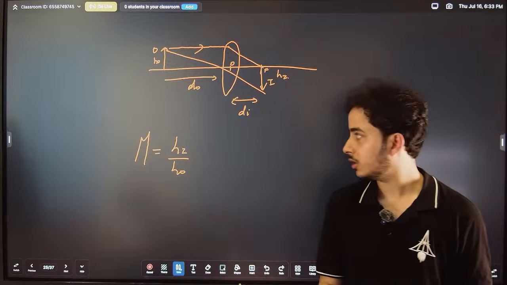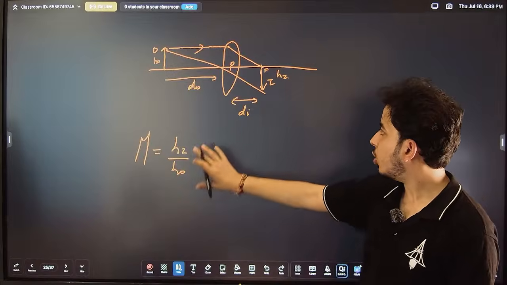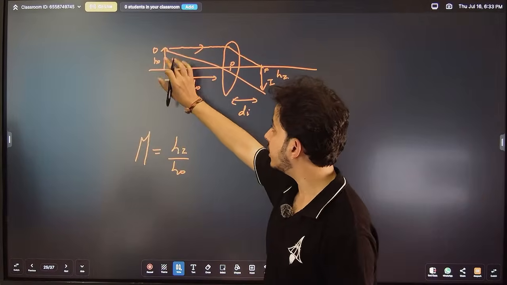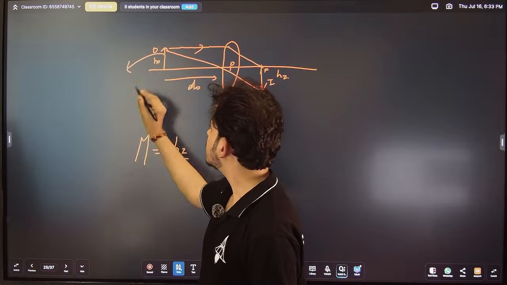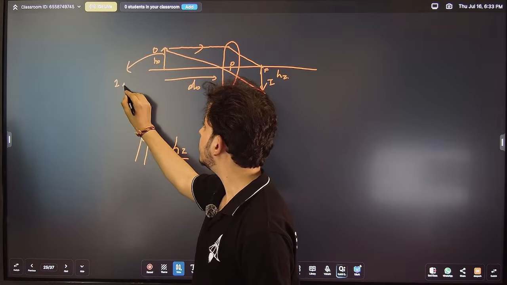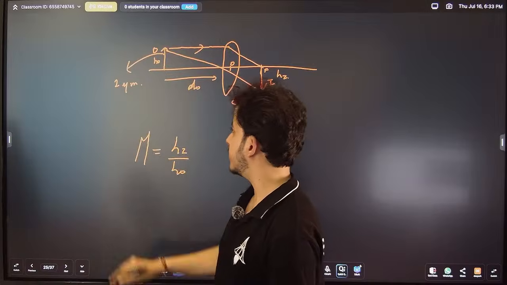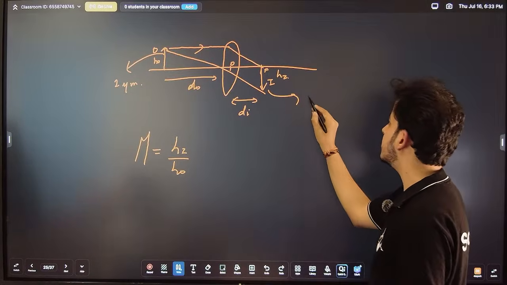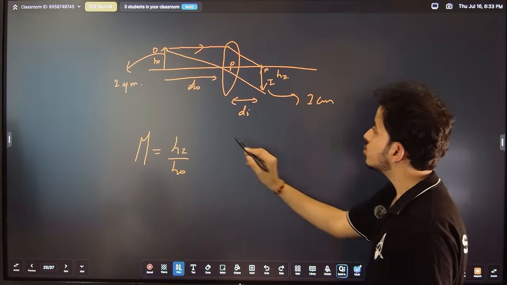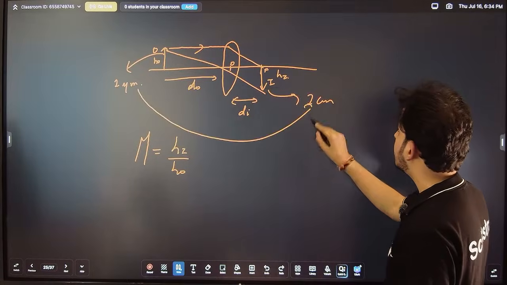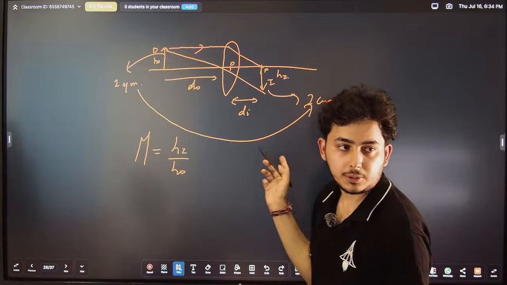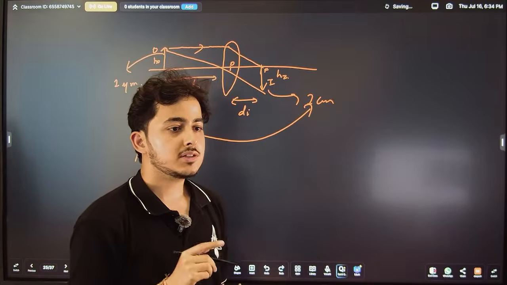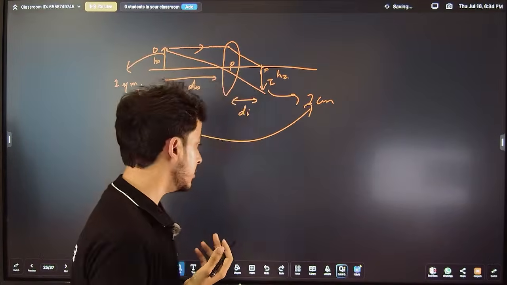What is magnification? So that means with respect to the object size, let's say your object here was very small, let's say this was a 1 micrometer object, right? Now you have formed an image, and let's say this image is 1 centimeter. So you have magnified the image from 1 micrometer to 1 centimeter. Are you understanding? So this is what magnification means.